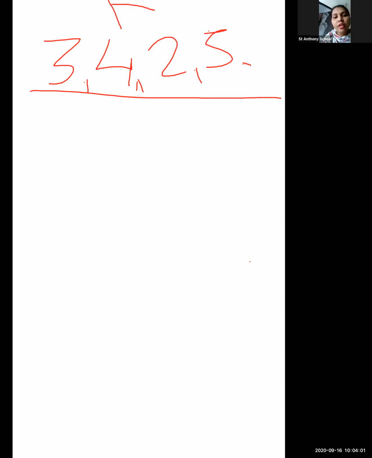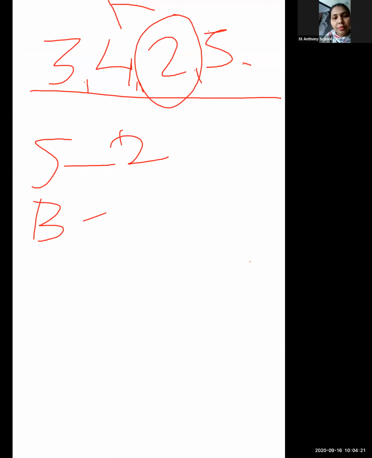So first we look for the smallest number in this. The smallest number is 2, right? And the bigger number is 5. So how do we write these numbers in ascending order?